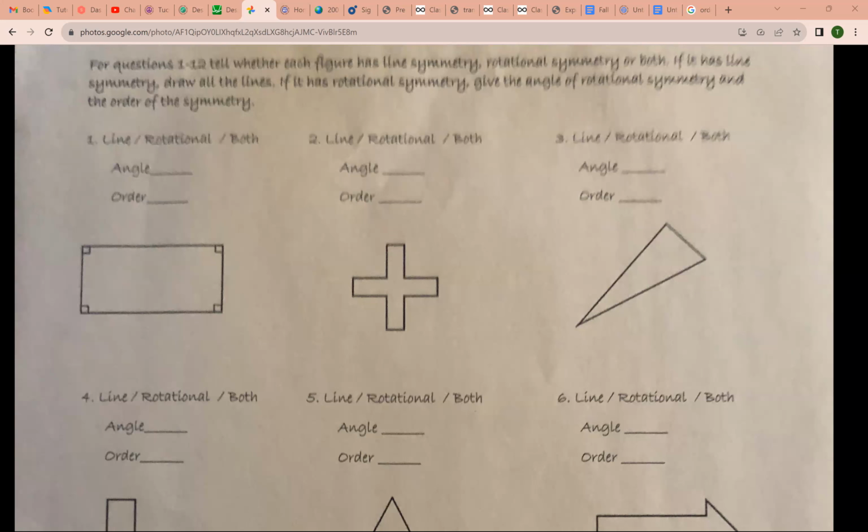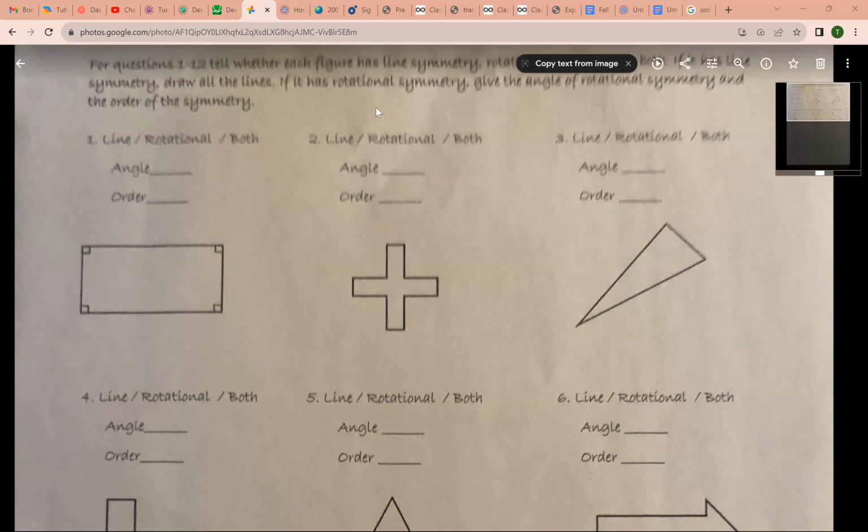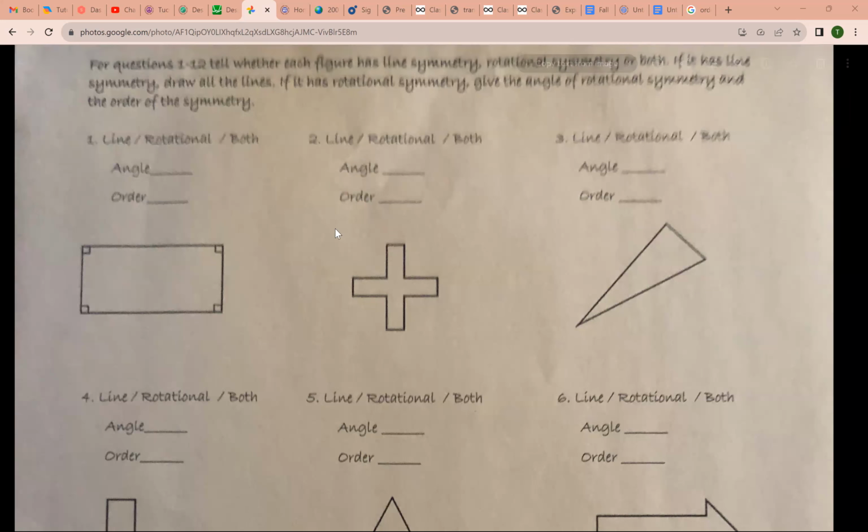Diagonally you can do it, yeah, I don't see why not. We'll just say that those are okay.